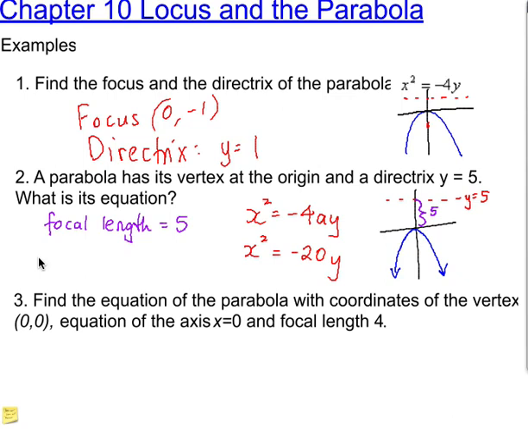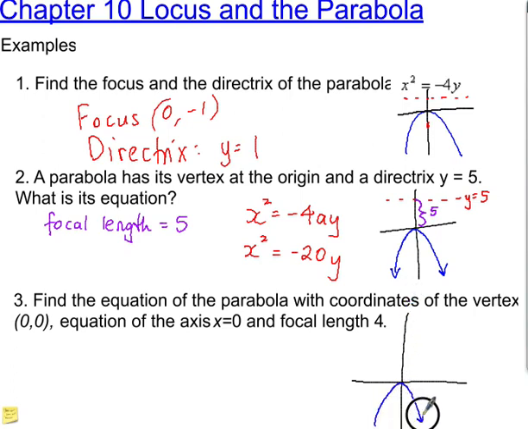So is it concave up or concave down here? It doesn't say. That's the focal length though, not the focus. Actually, it could be both. Why? Because both of them have the vertex at the origin and the same axis of symmetry.